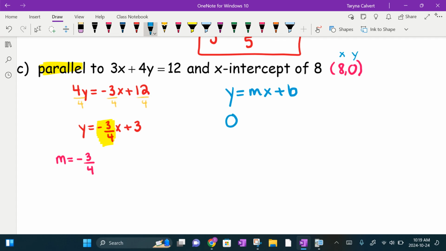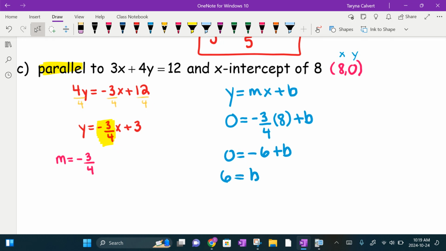So put your values in. So negative 3 over 4 times 8 plus b, 0 equals, so negative 6 plus b, so b is going to equal 6. So we have m, we have b, boom, write the equation.